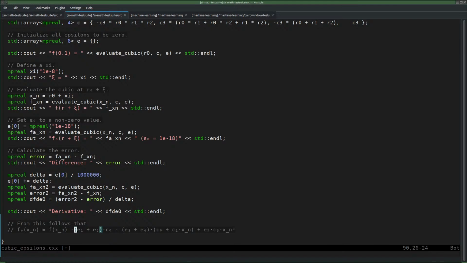Okay, there's no epsilon 0 here, so let's ignore all of this. And now it turns out that we get the f of xn times epsilon 0. Just type E0.